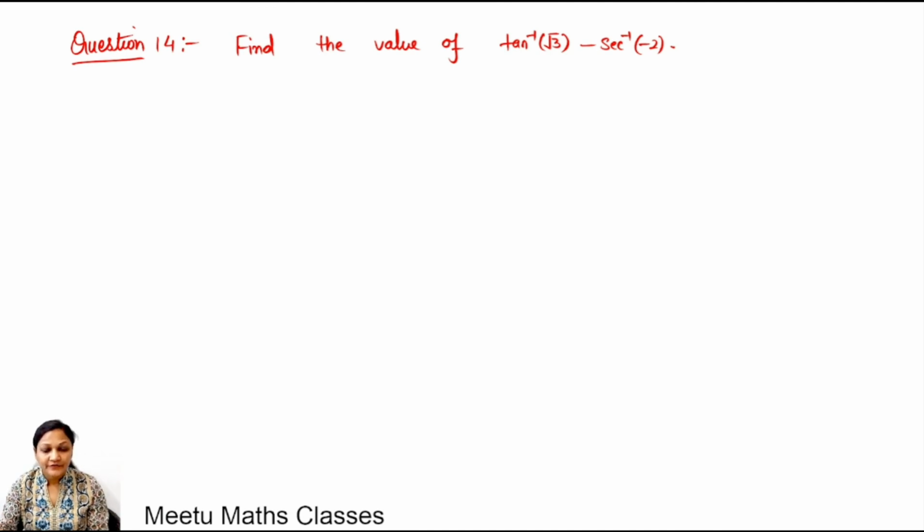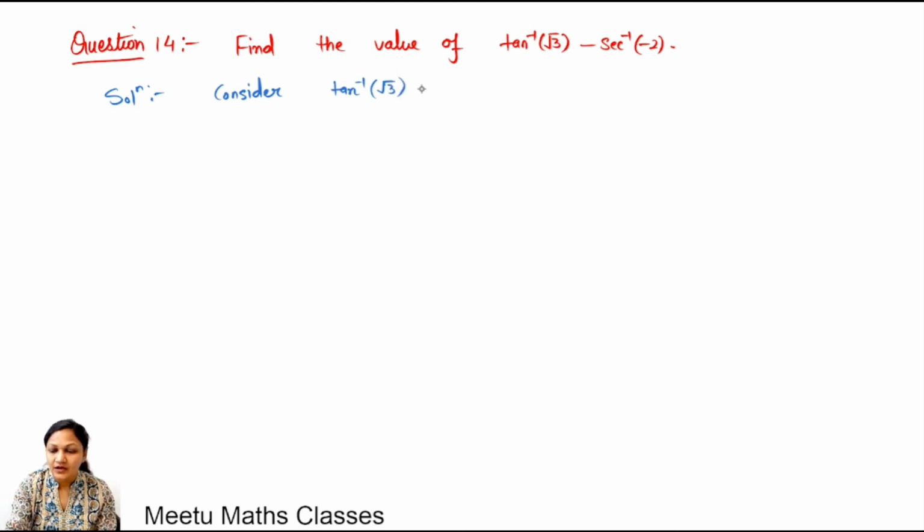Your question number 14 is, find the value of tan inverse root 3 minus sec inverse minus 2. Now, consider your expression, that is tan inverse of root 3 minus sec inverse of minus 2.